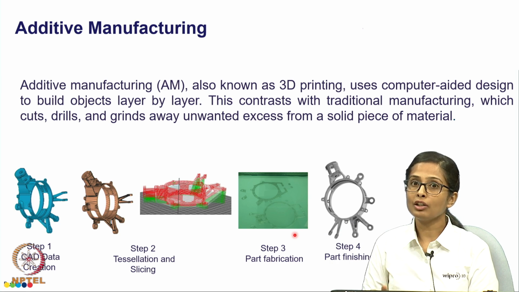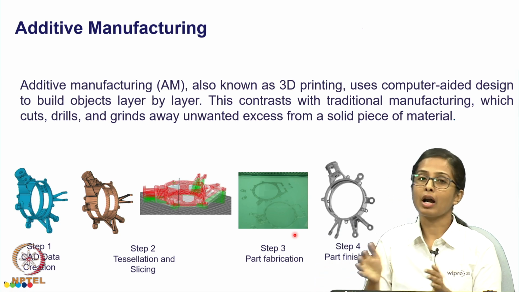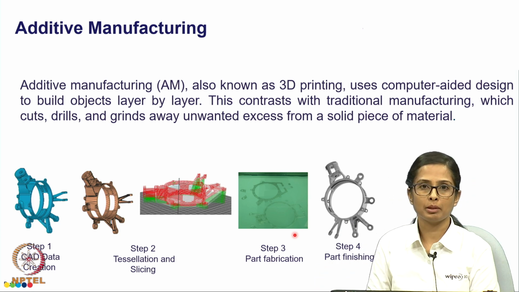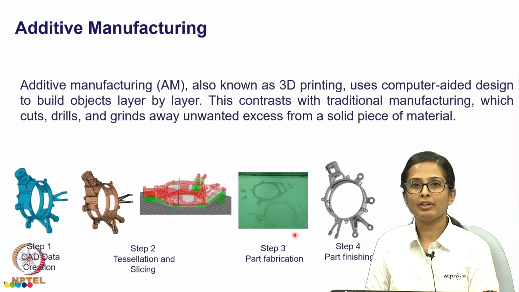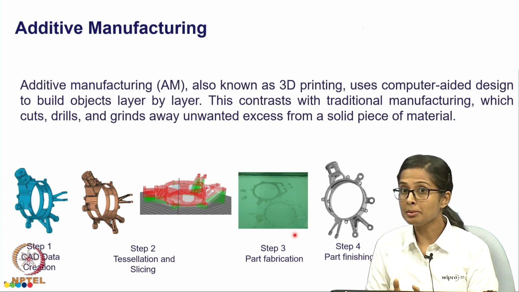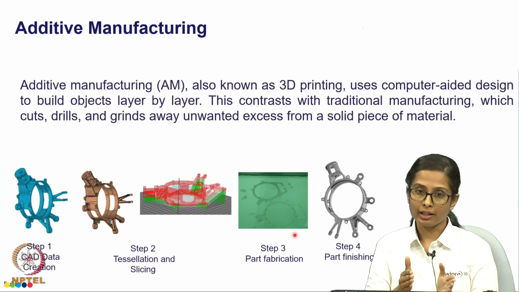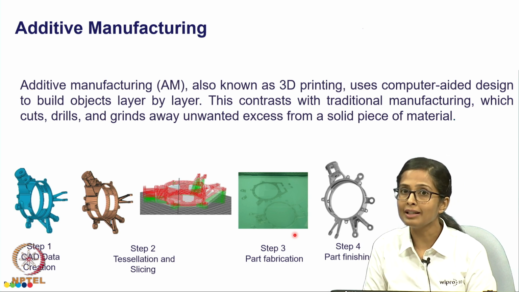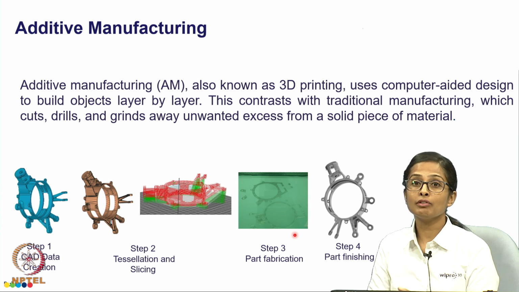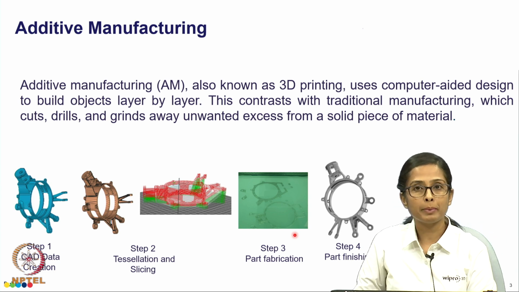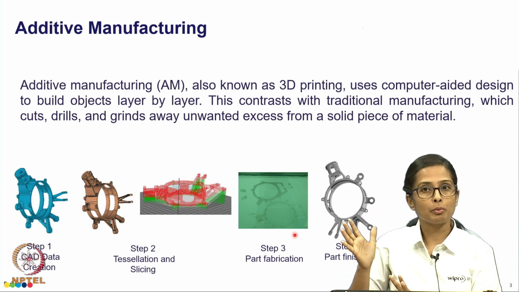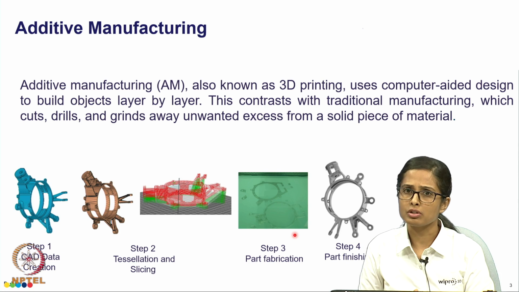So, the extent of post processing after the 3D printing process is very less and very simple, but in case of metal 3D printing, and that is the picture that you see on the screen, it does involve a lot of post processing after the printing process.